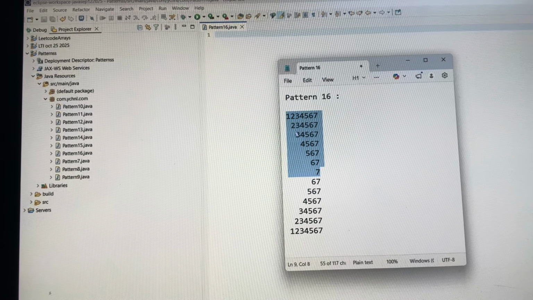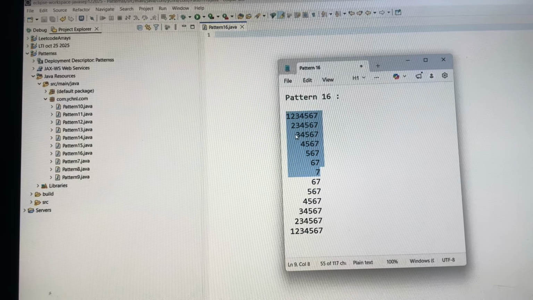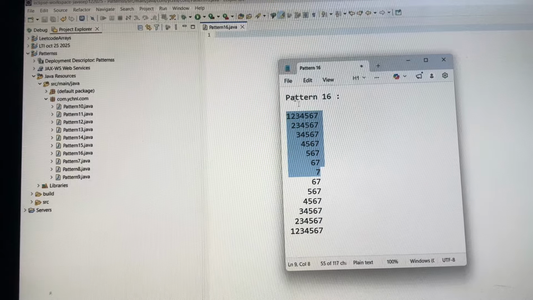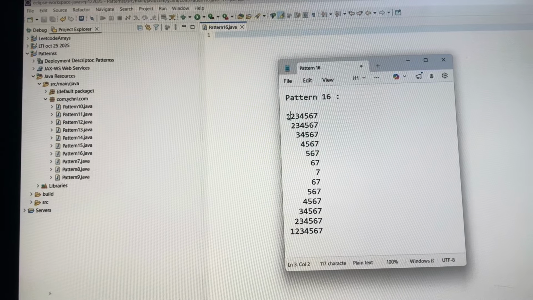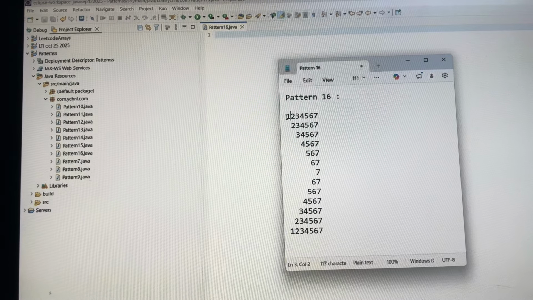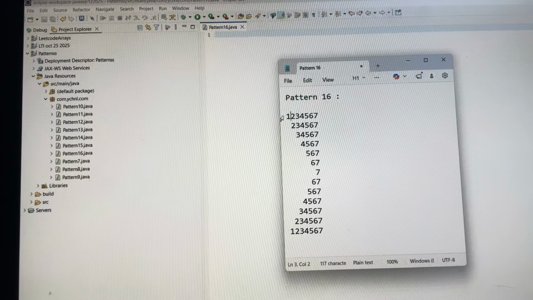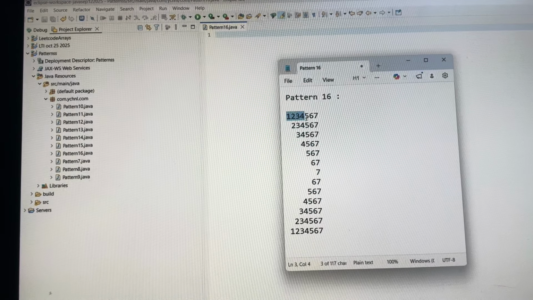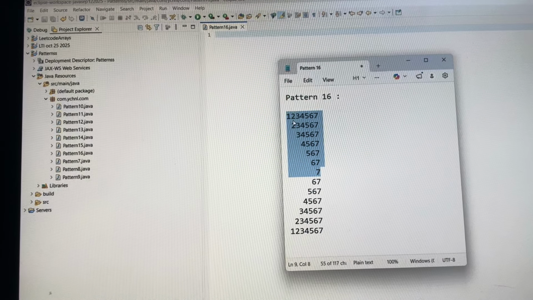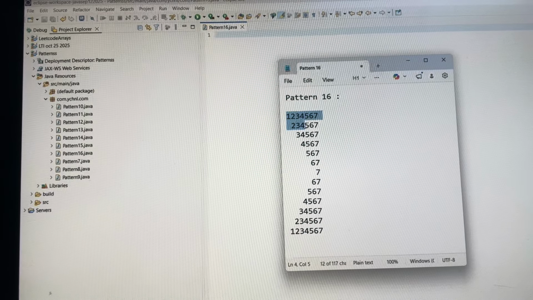If you see 1 2 3 4 5 6 7, the rows are in the increasing order, and if you observe the elements in each row, the elements in each row are also in the increasing order.